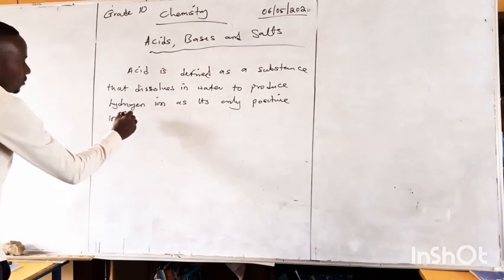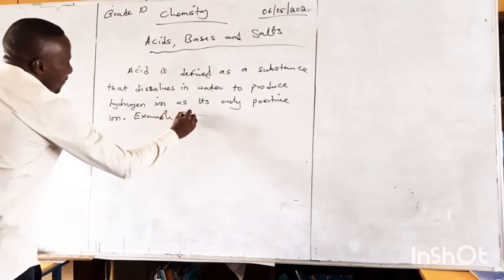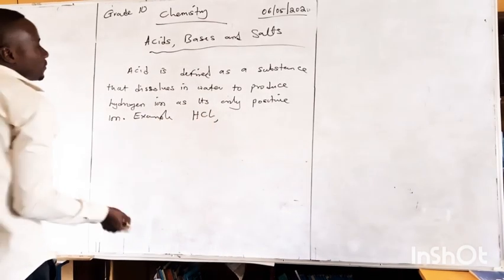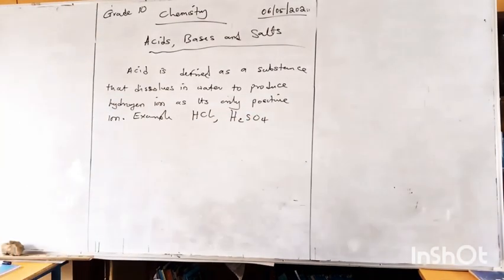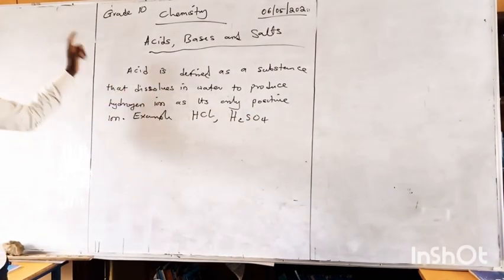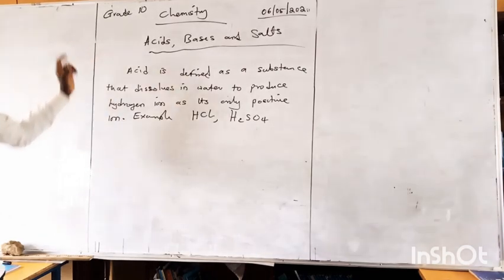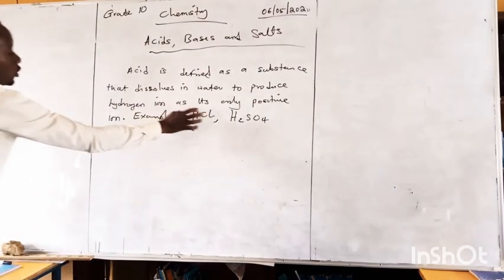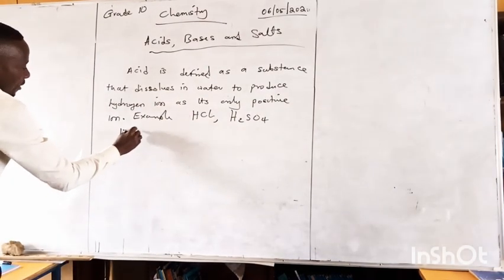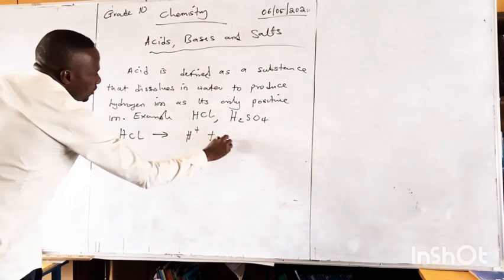Example: HCl, hydrochloric acid, and H2SO4, tetraoxosulfuric acid. We call them acids because when you dissolve them in water, they will ionize or dissociate to produce hydrogen ion as its only positive ion. For example, let us dissociate HCl. HCl dissolves in water to give hydrogen ion plus chloride ion.